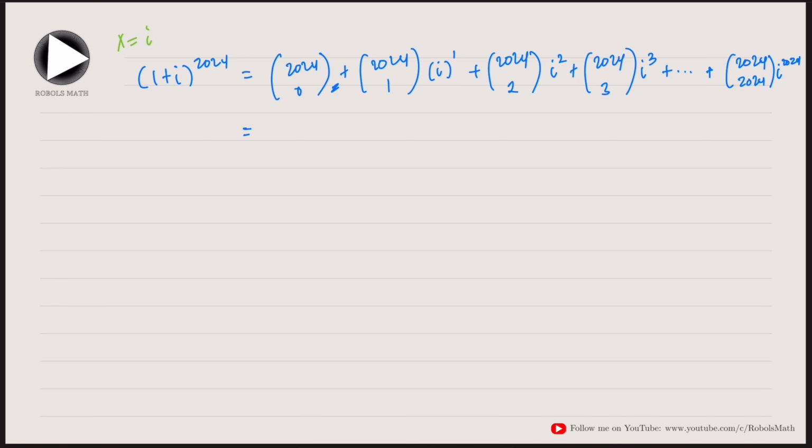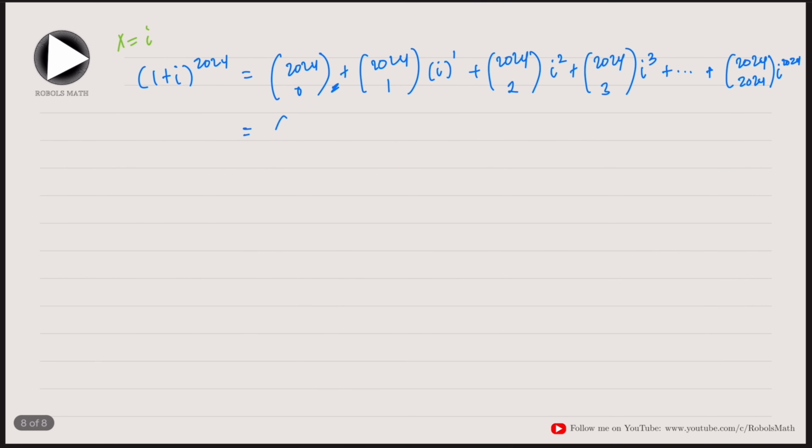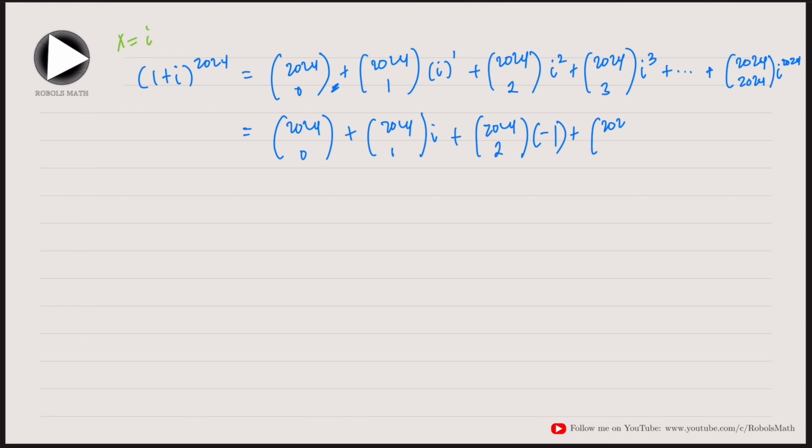Again, recall from the observation that the powers of i cycle, we will have here 2024 taken 0 times 1, plus 2024 taken 1 times i, plus 2024 taken 2 times -1, plus 2024 taken 3 times i cubed, which is -i, and so on.